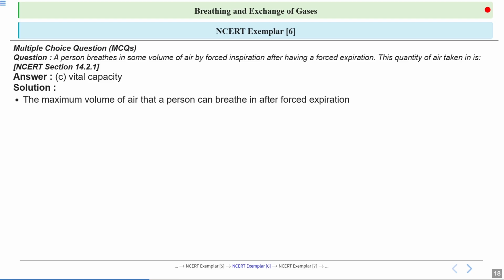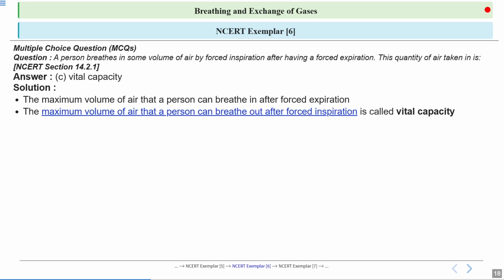The maximum volume of air that a person can breathe in after forced expiration, when you do a forceful expiration and whatever air you breathe in at that time, the maximum volume of air that a person can breathe out after the forced inspiration, that is called vital capacity. So VC, vital capacity, is equal to IRV, inspiratory reserve volume, plus ERV, expiratory reserve volume, plus tidal volume.